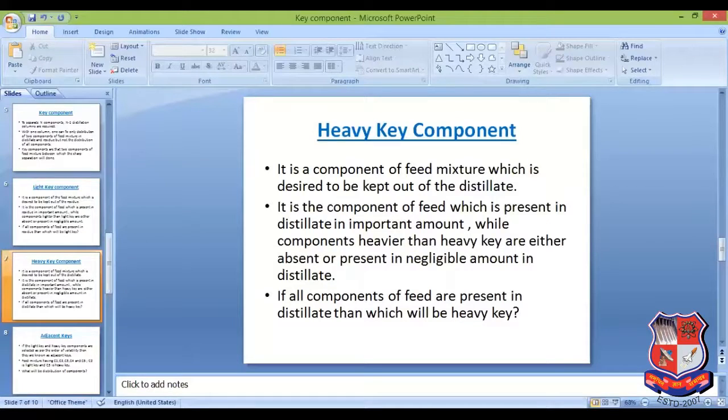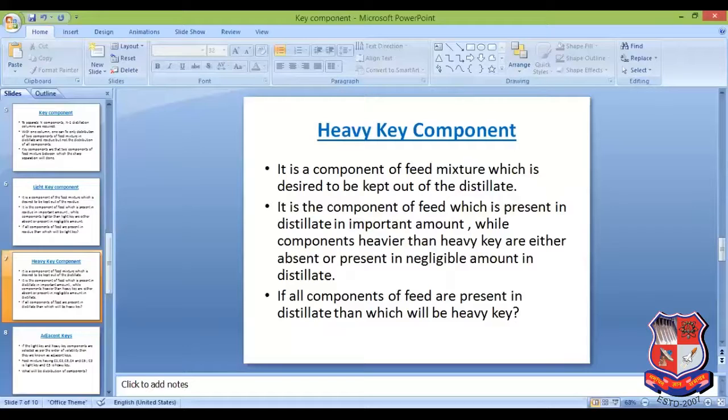Now the question: if all components of feed are present in distillate, then which will be heavy key? Think. Okay. So if all the components are present in distillate, then the component which is having the highest boiling point, or is less volatile, will be my heavy key.